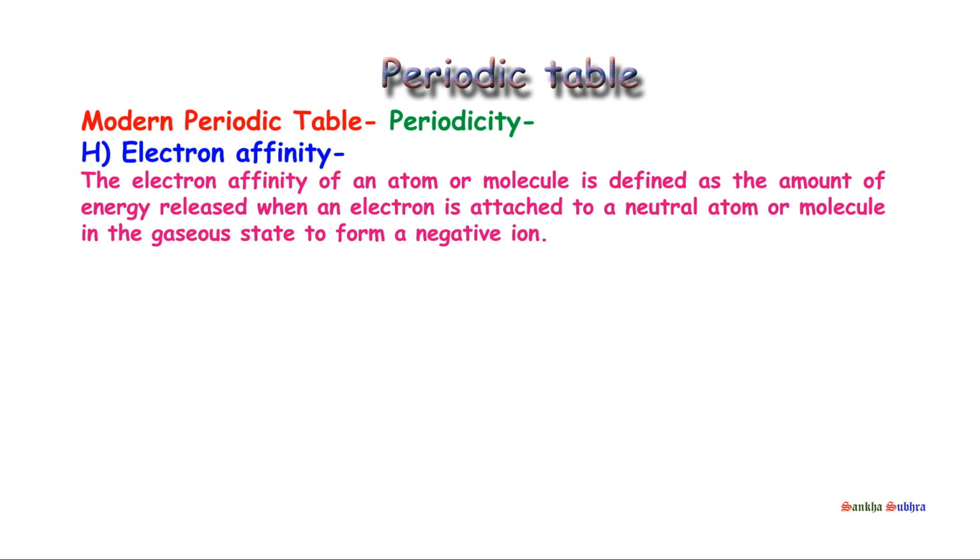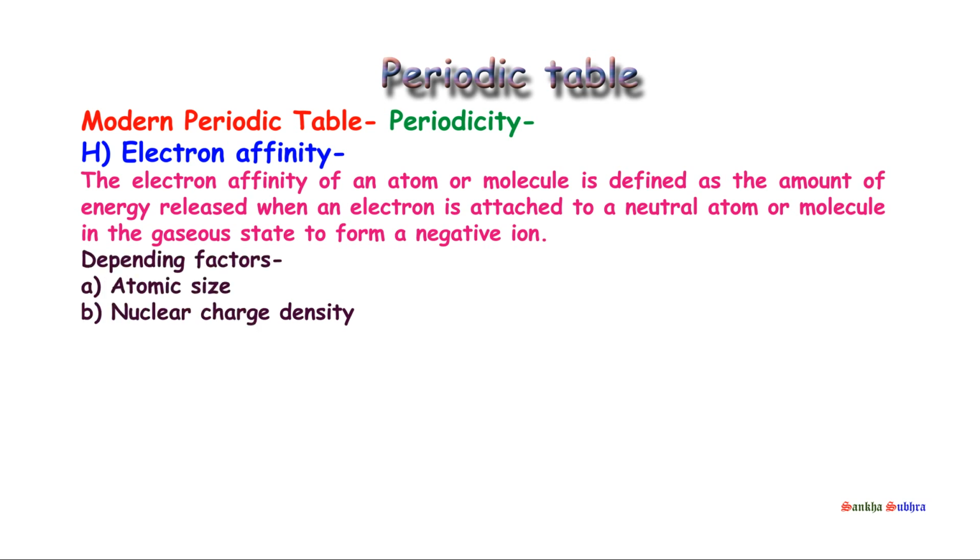Now, while describing the periodicity of the electron affinity, we get two key factors: number one, the atomic size, and number two, the nuclear charge. The smaller the atomic size, the greater the electron affinity, because the effective attractive force between the nucleus and the valence electrons is greater for smaller atoms, so the electrons are held firmly.